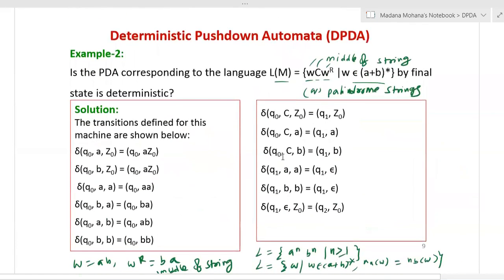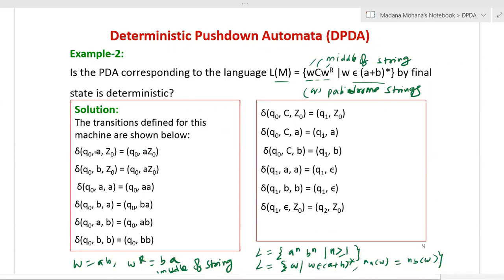Now with that logic, the PDA is constructed here. First, for W C W power R, the string may start with A or may start with B, because the order is not given. Simply they have given W, but W consists of A-B combinations. So all combinations you have to consider.